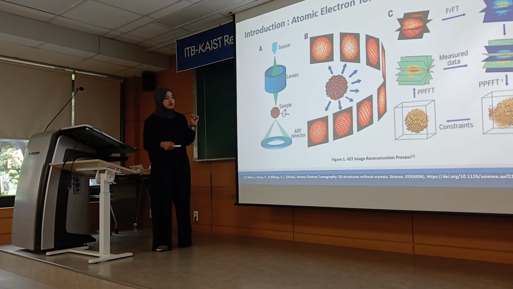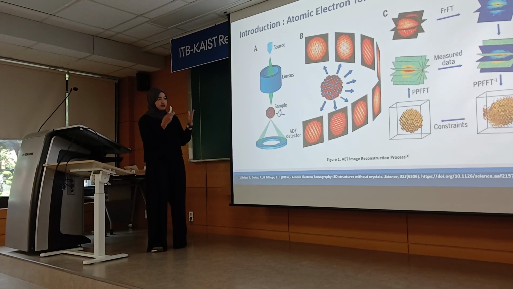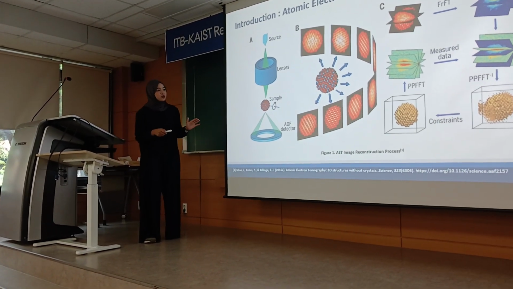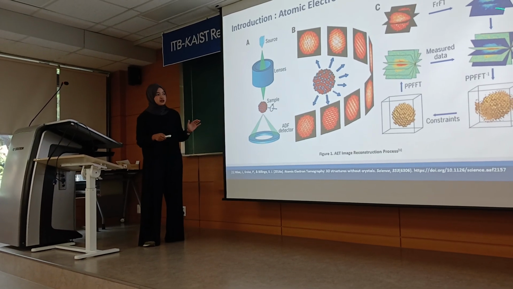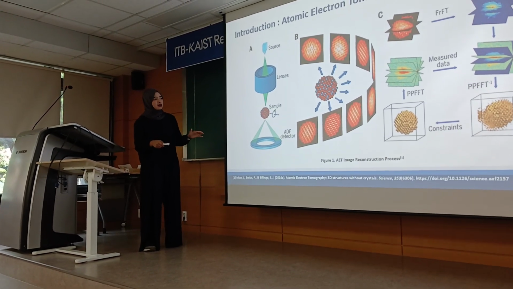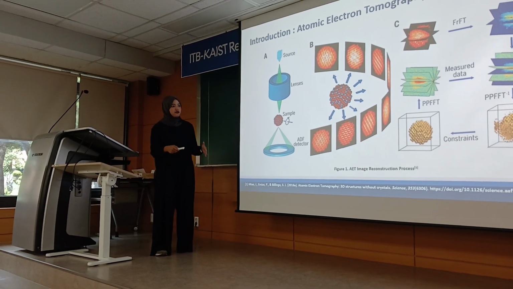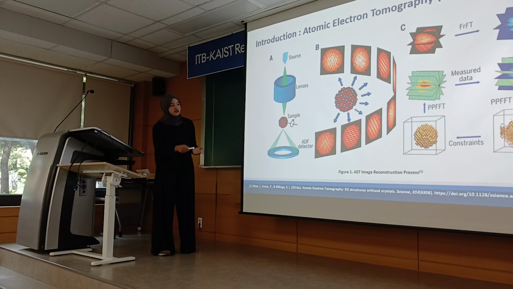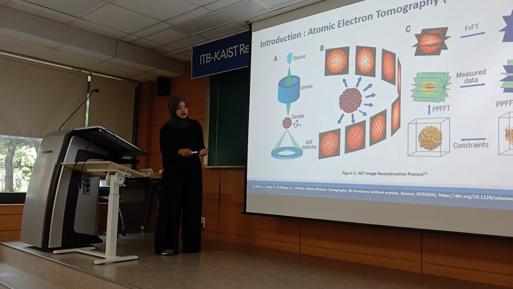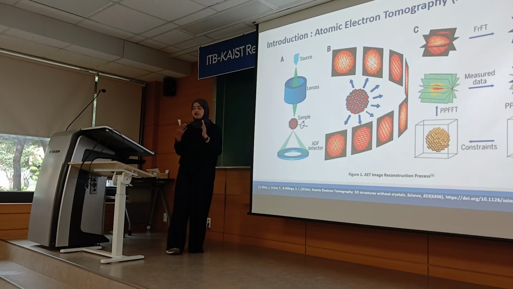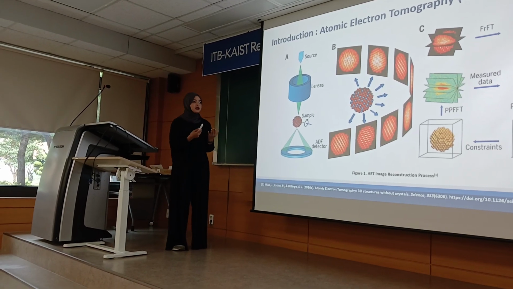And we can do the Fourier transform again to obtain the newly updated Fourier slices, and we can use the measured data, which is the tilt series Fourier slices, as the Fourier space constraint, and then we can get the combination of those two. We can repeat this iteration until both the real space and Fourier space constraints are satisfied.